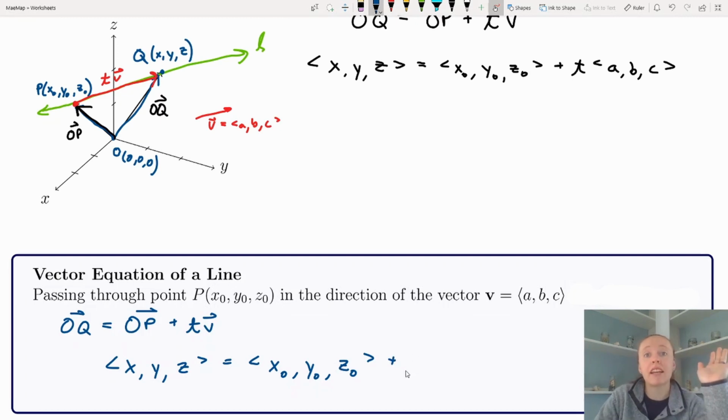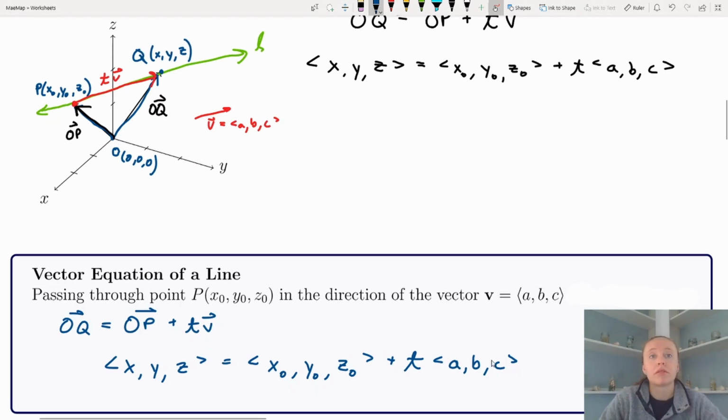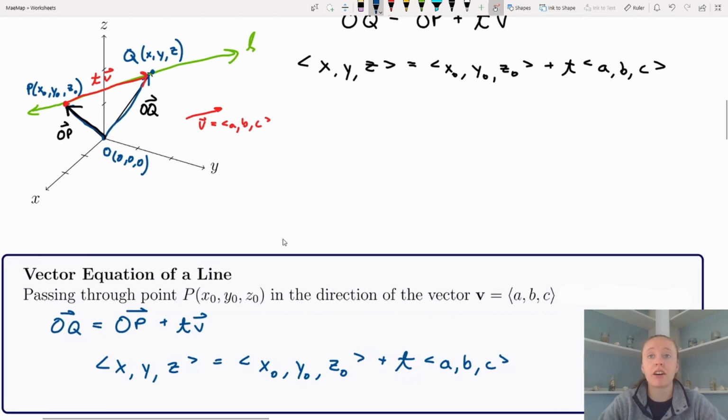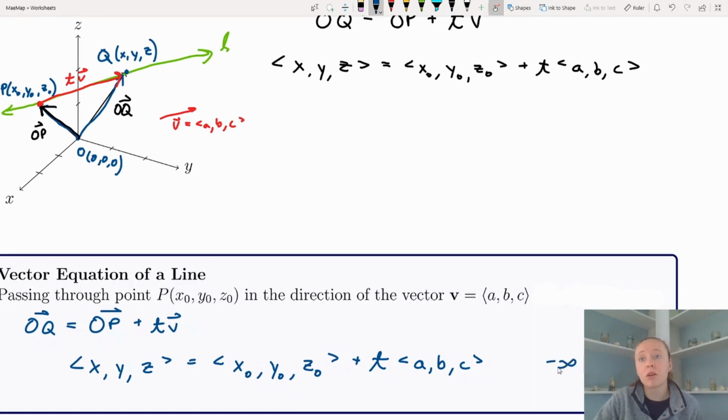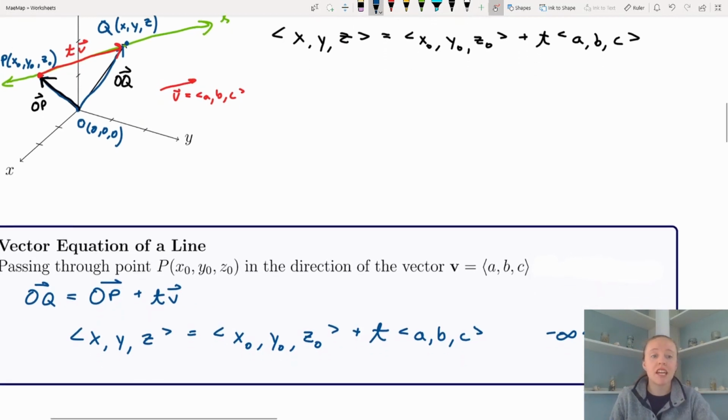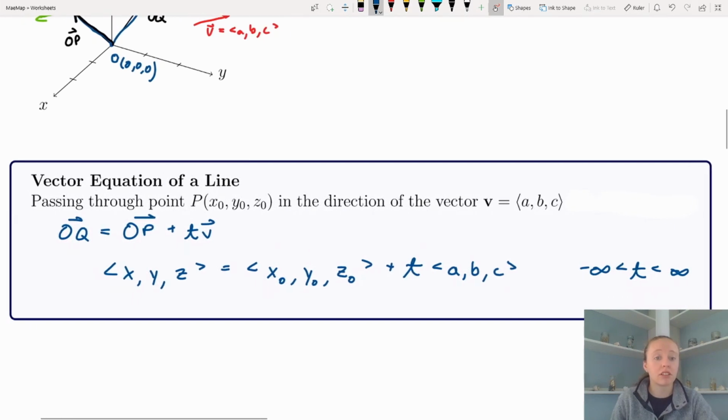Then we're going to add that to some scalar t multiplied by vector a, b, c, which is vector v, which we have defined as some vector parallel to our line L. So in the direction of L. And in this case, because it's a line, we're going from negative infinity less than t less than infinity. So essentially, t is any real number.